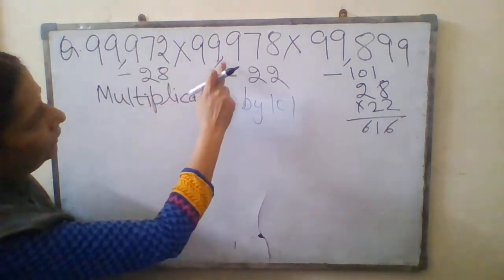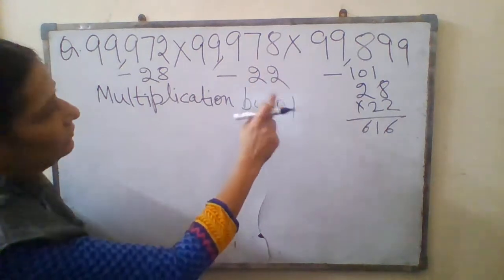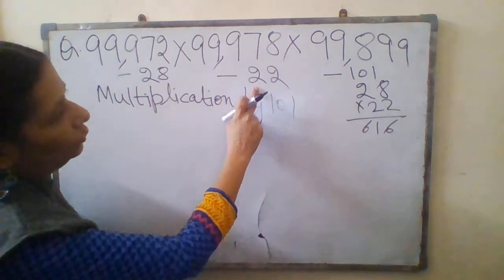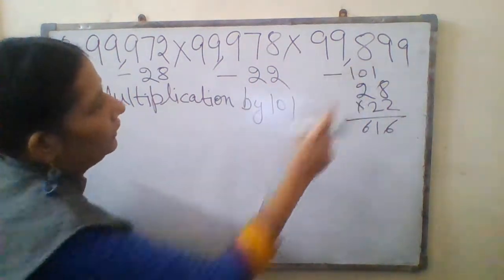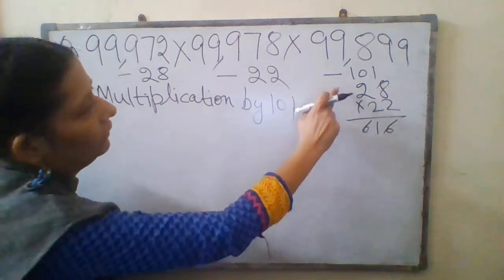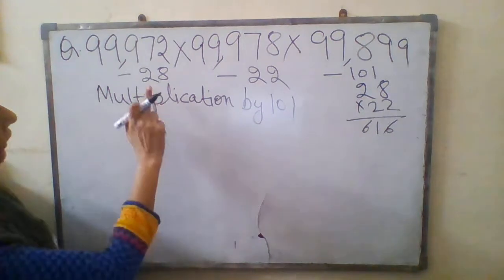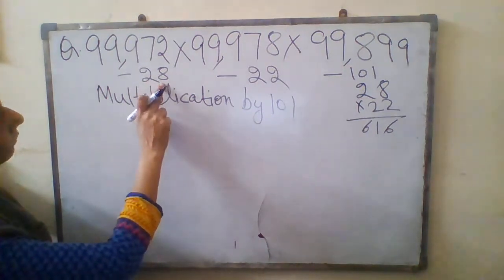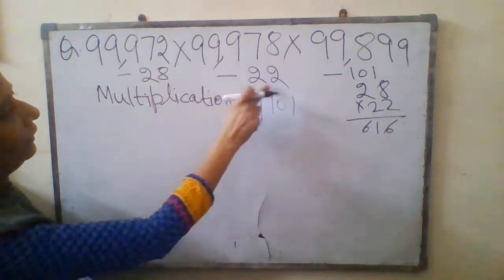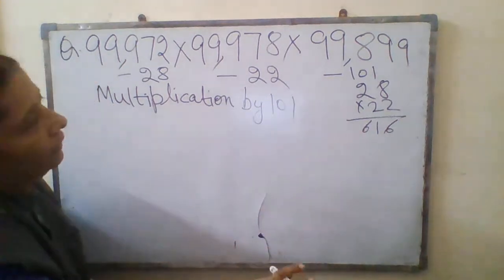Then 99,978 minus 1 lakh will be equal to minus 22. Then 99,899 minus 1 lakh will be equal to minus 101. Now I have told you the trick to multiply 28 and 22 and I have written it here.